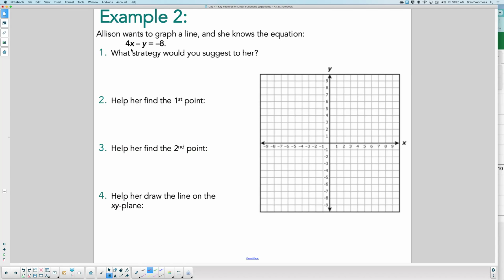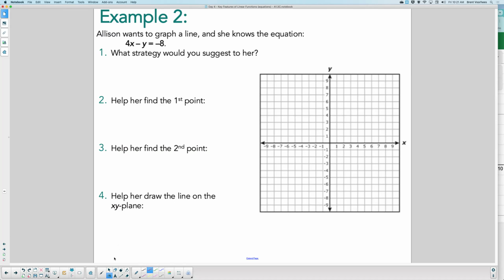Is this the y equals mx plus b slope-intercept form that we were working with before, where you graph the y-intercept then the slope? Or is this the one where we need to substitute? Which form is this one in? So you see how the x and the y are together this time? When the x and y are together, that's when we do the substitution technique.